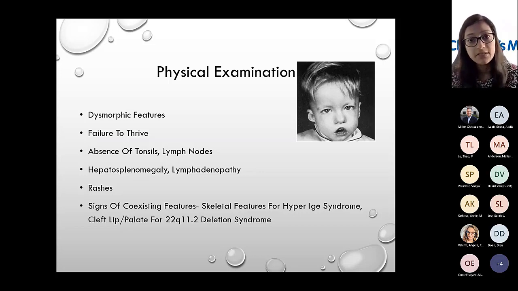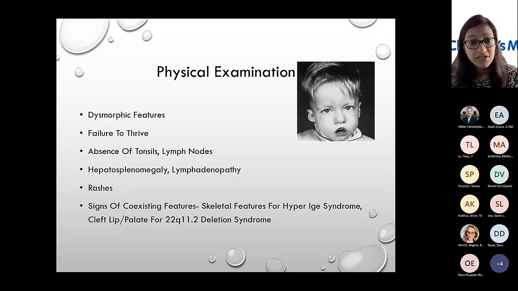Now we talk about the physical examination. Sometimes physical examination can be revealing for these patients, sometimes not so much. If there are inborn errors of immunity that lead to syndromes, then you might see some dysmorphic features. Some patients can present with failure to thrive, hepatosplenomegaly or lymphadenopathies.